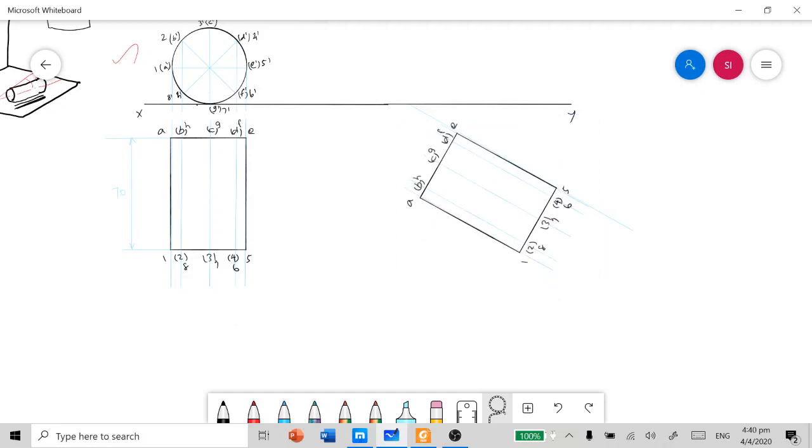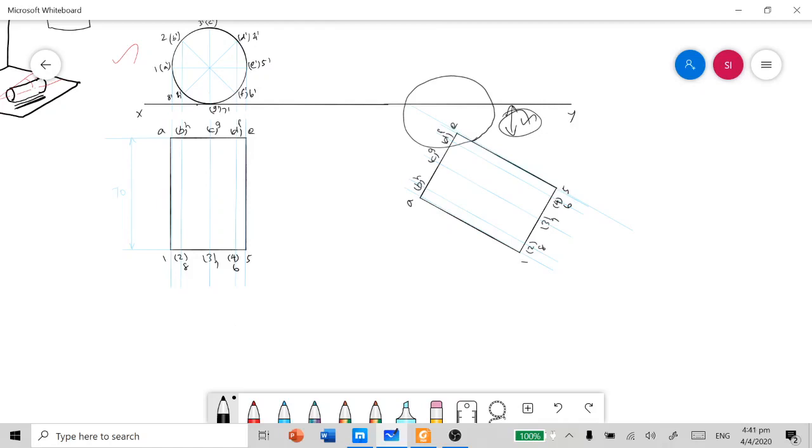You can note one thing. Here I maintained a little distance between the extreme point of the lateral view and the XY line. Why I maintained this distance instead of touching the XY line is, in the previous cases the solid is made to rest on the HP, but here the solid is made to rest on HP already in the front view.